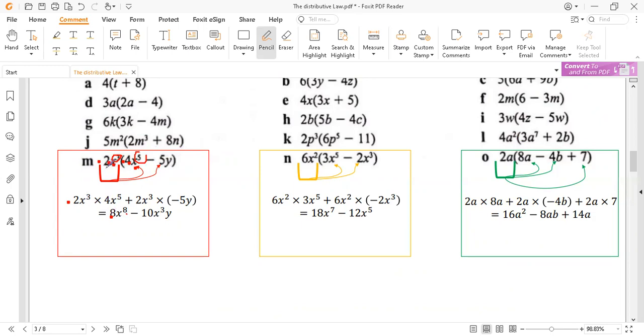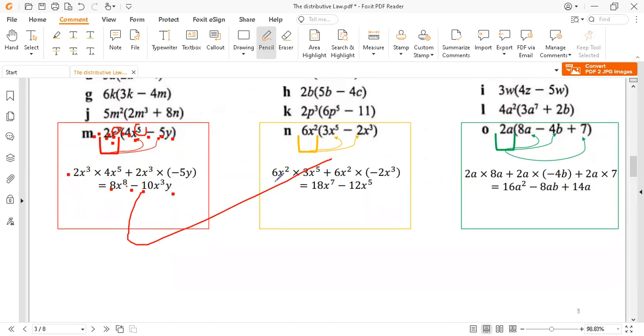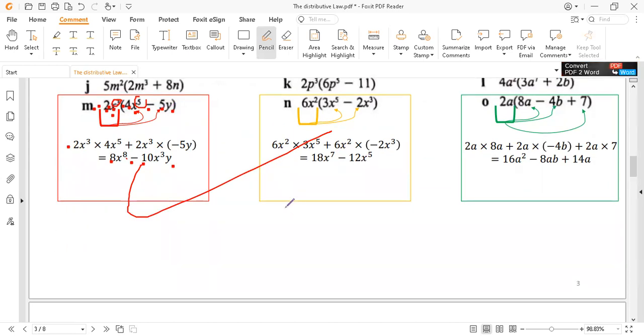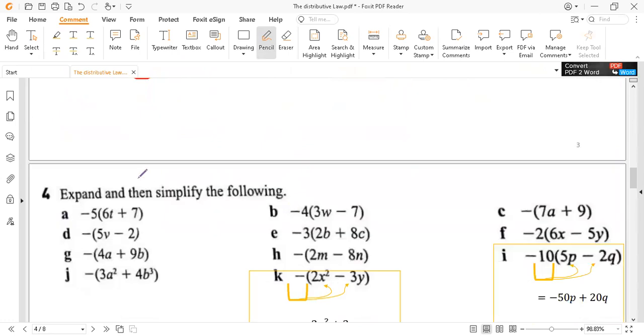Secondly, plus and minus, we obtain a minus. 2 times 5 gives 10. And x cubed times y: we don't have the same bases, so we put them one before the other, x cubed y. So it is the practical way to expand and to show how the distributive law works.